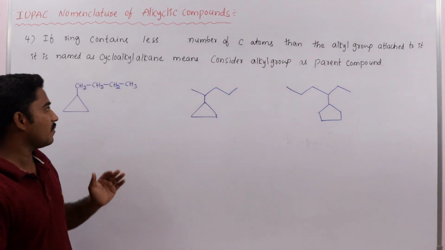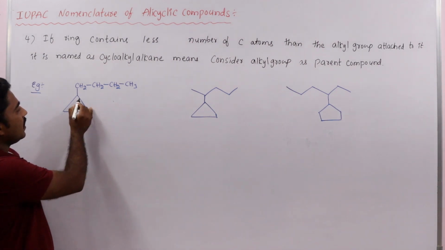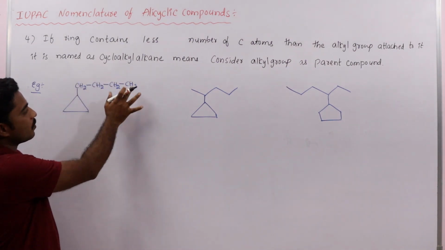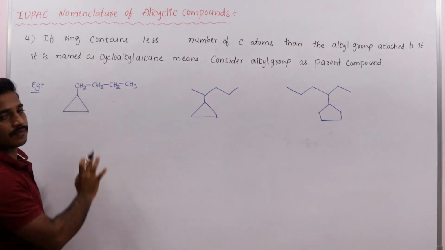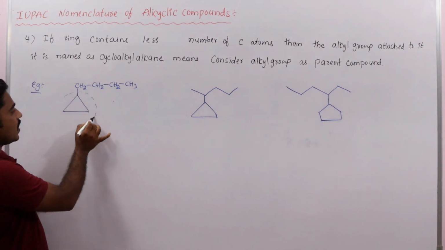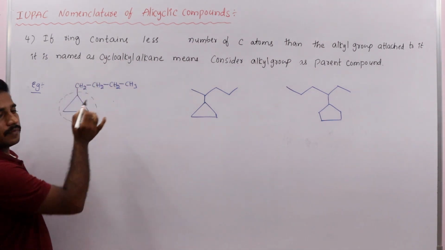So let us see some examples. In this case, the ring contains 1, 2, 3 carbons and the alkyl side chain contains 4 carbons. In this case, which one is the substituent? This ring we select as a substituent and this is the parent chain.